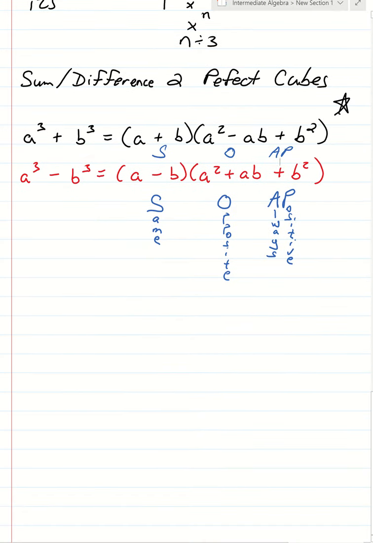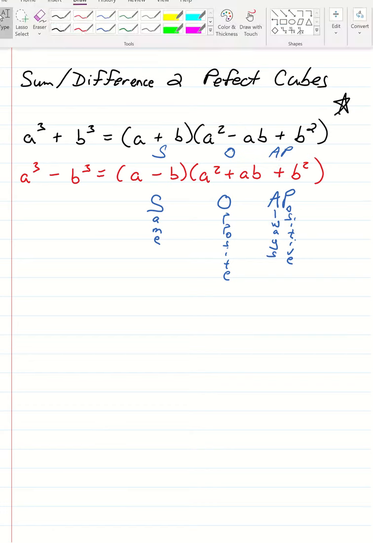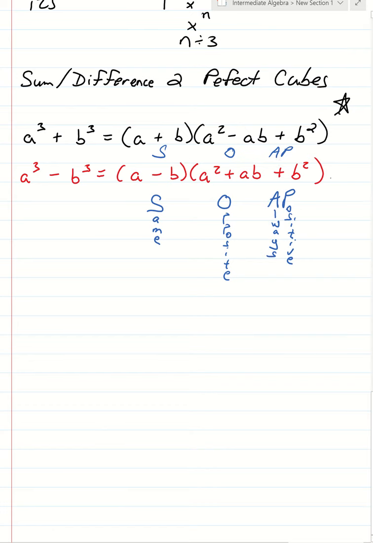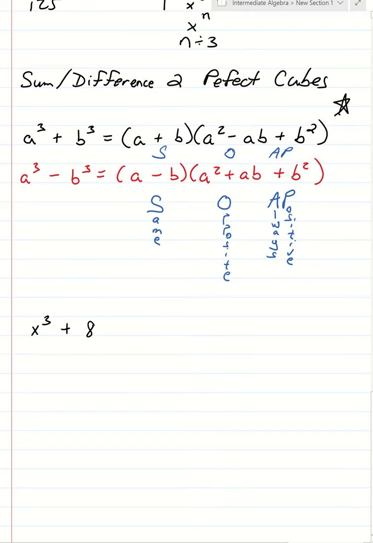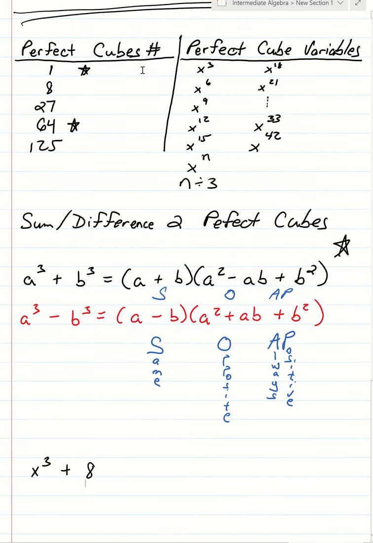Let's take a look at some examples where we can use this formula for the sums and differences of two perfect cubes. For example, let's say we have x to the third plus the number 8. Well, x to the third is a perfect cube. It was on our list. It was the first one.